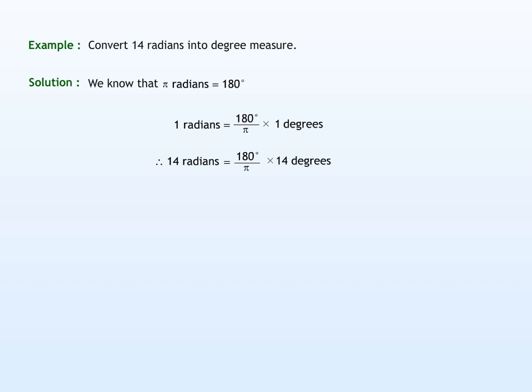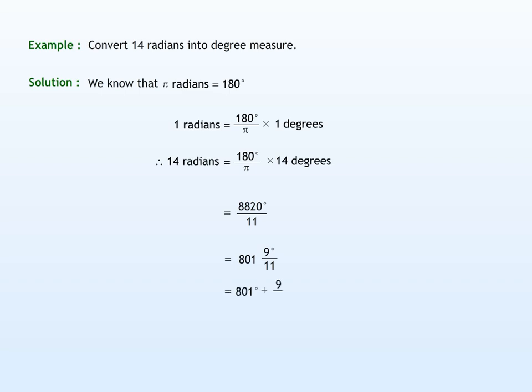We know that pi is equal to 22 by 7. Therefore, 14 radians is equal to 180 degrees by 22 into 7 into 14. This is equal to 8820 degrees divided by 11, which is equal to 801 9 by 11 degrees.